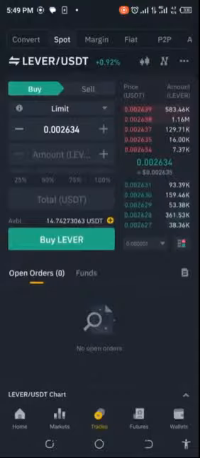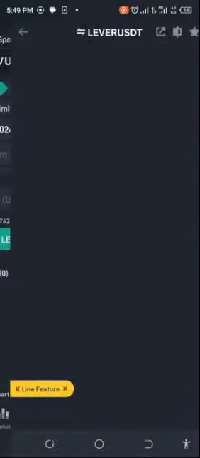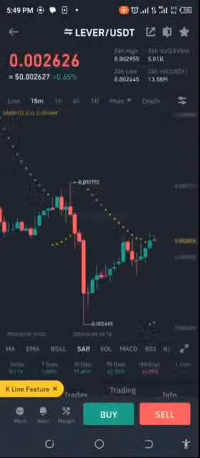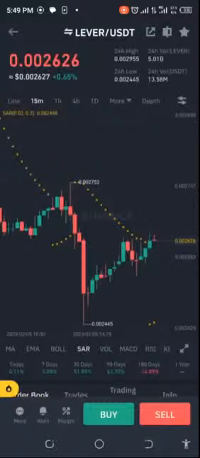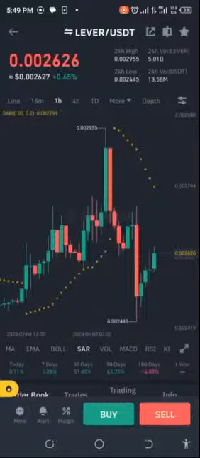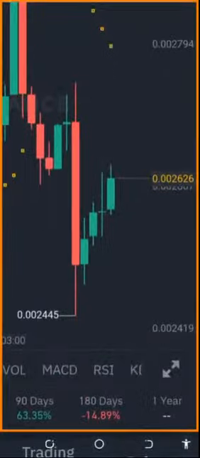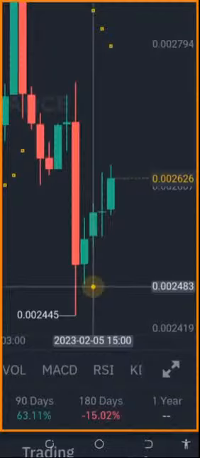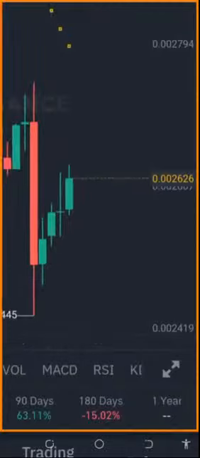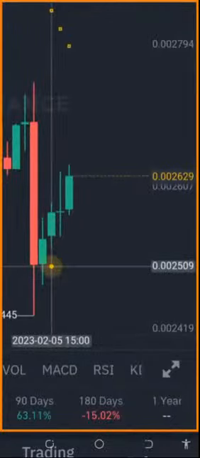So let's take a good look at the chart one more time. Let's look at 1 hour, and you'll see that it got to this point. Sorry, that's within the last 3 hours.